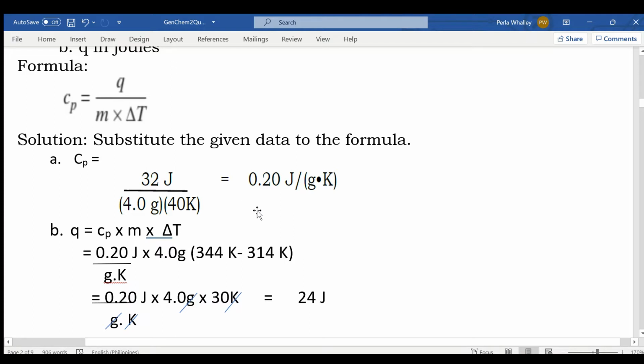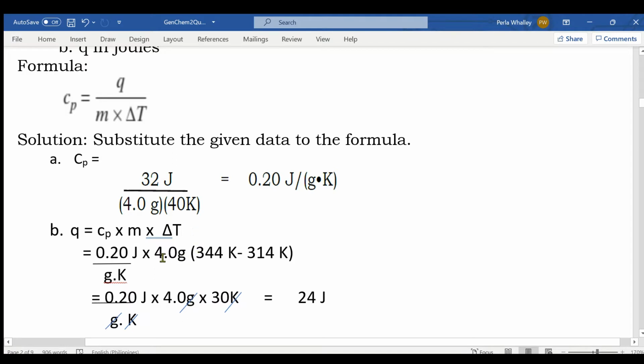So Cp equals Q, 32 joules, divided by the mass, 4.0 grams, times 40 Kelvin. Dividing this is equal to 0.20 joules per gram times Kelvin.